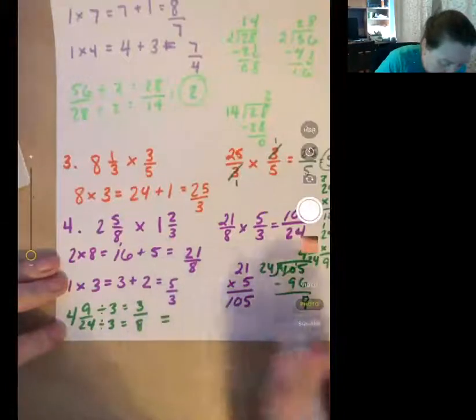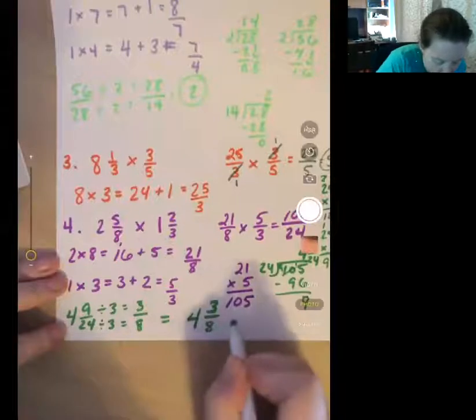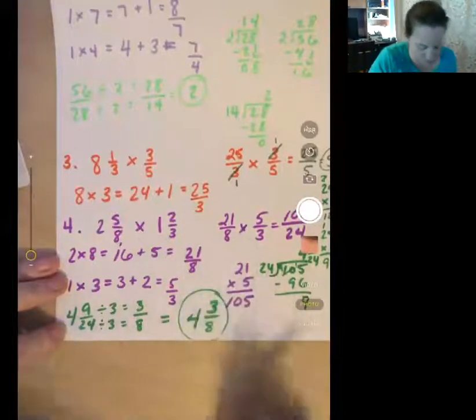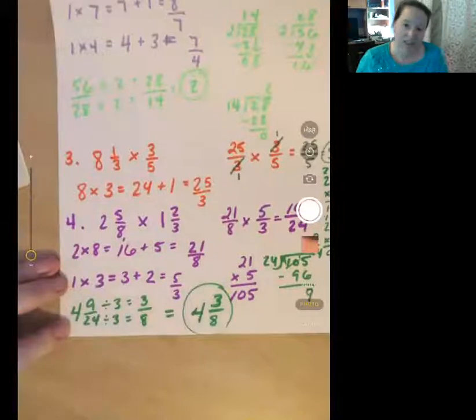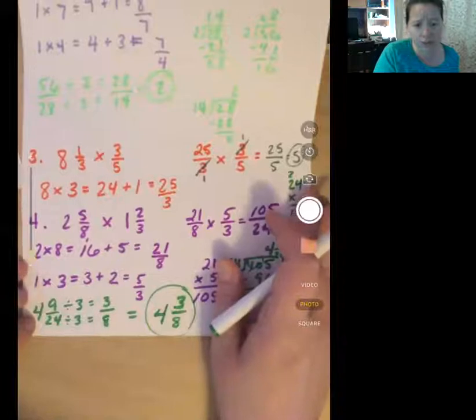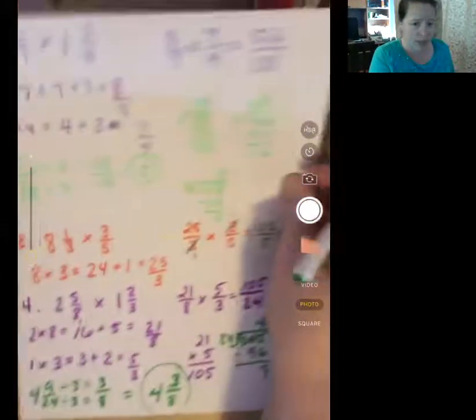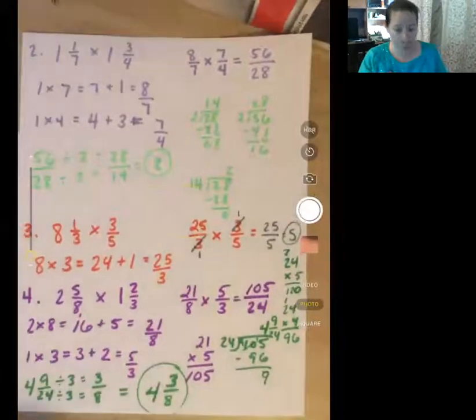So I end up with the whole thing being equal to 4 and 3/8. Okay, let me move this so that all of number 4 is on the screen. And then if you want to pause, go ahead. I'm going to move on to the next problem.